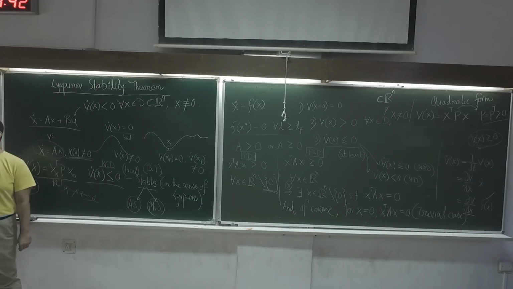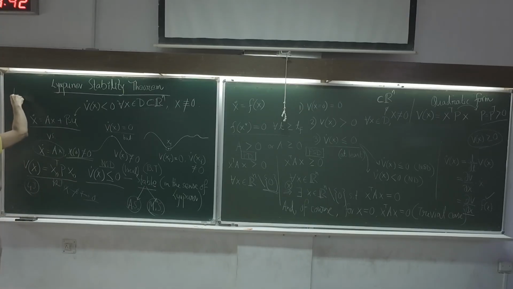So here what can we do? The easier technique is you try to find a better V function. That is the easier technique. And the second one, which is the most authenticated technique, is LaSalle's invariance principle. You might have heard the term. LaSalle's invariance principle. I think he was a French mathematician.